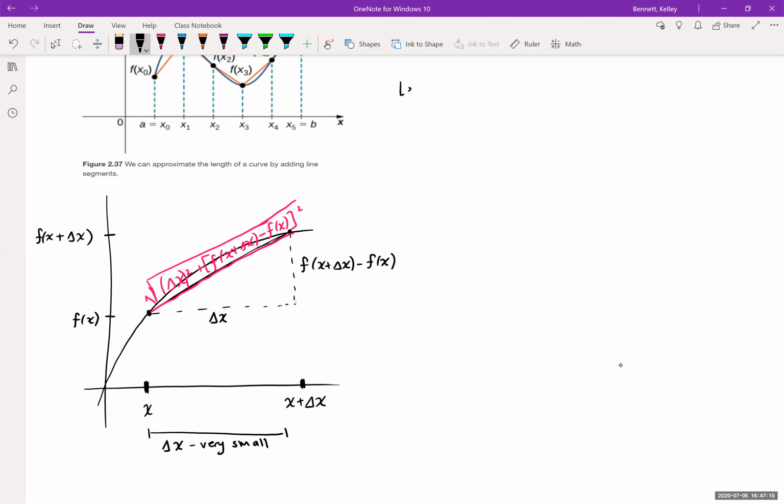So the length of that segment, just rewriting it, is going to be the square root of delta x squared plus, I'm not doing anything yet, just rewriting what we have below.